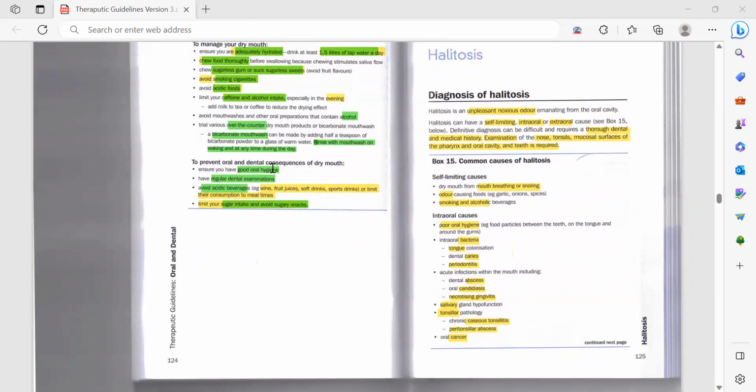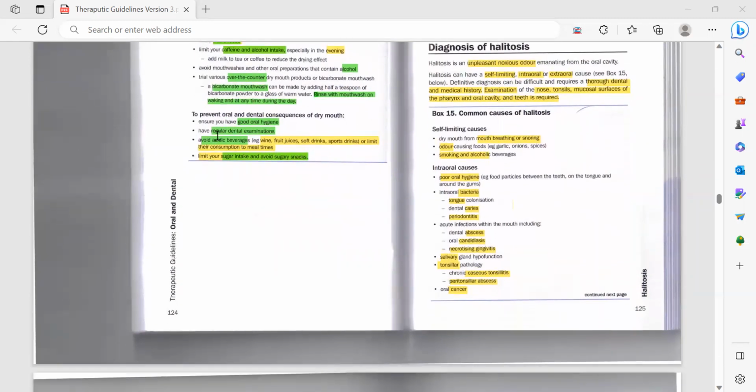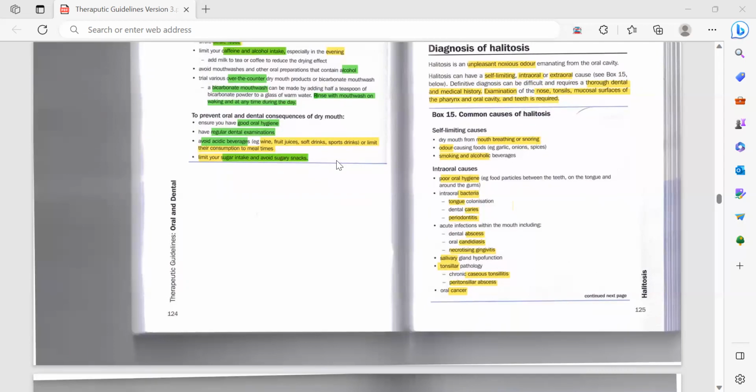And to prevent any oral or dental consequences, ensure that you are maintaining good oral hygiene, visiting the dentist regularly, and avoiding acidic beverages, which are wines, fruit juices, soft drinks, and sport drinks, or limit their consumption to mealtimes only. Limit your sugar intake and avoid sugary snacks.